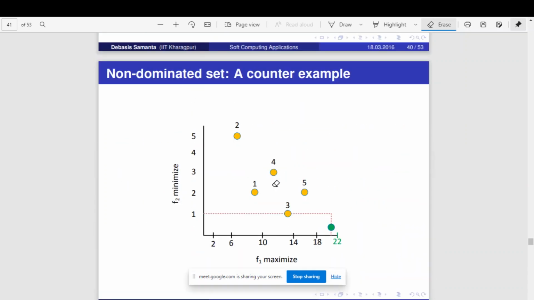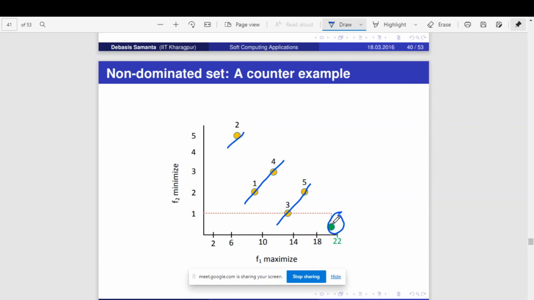See this case. Here there is a solution which dominates everything else: the green dot. This one dominates everything else because it is towards the right and also towards the down. So here also you have the Pareto optimal front, but it is not with the better solution.